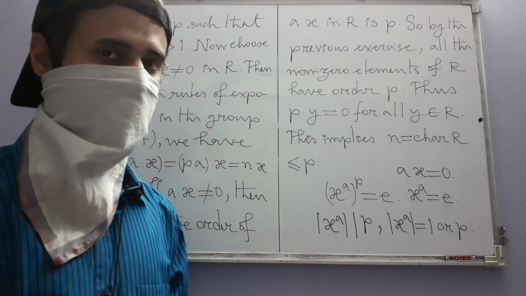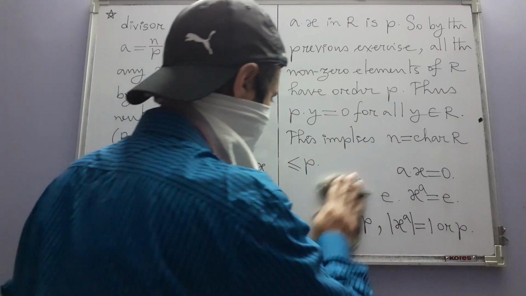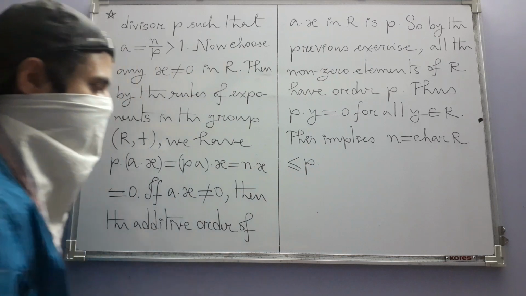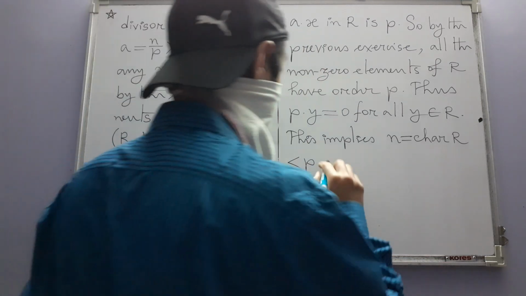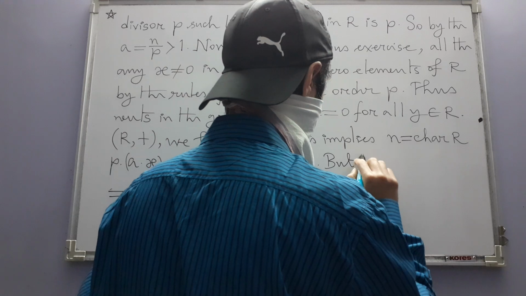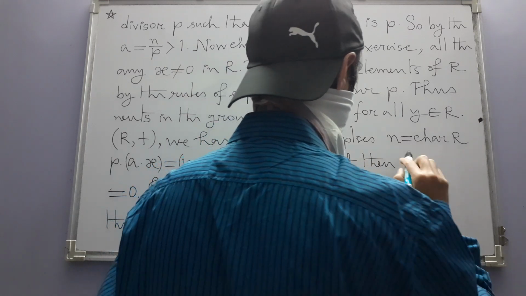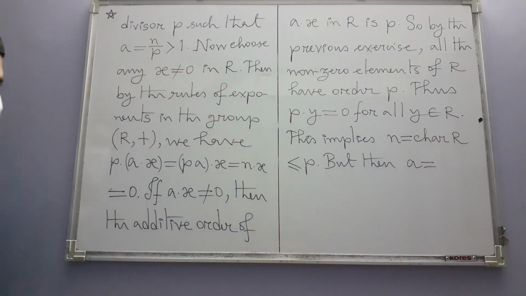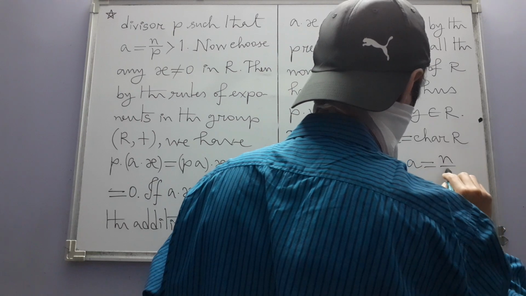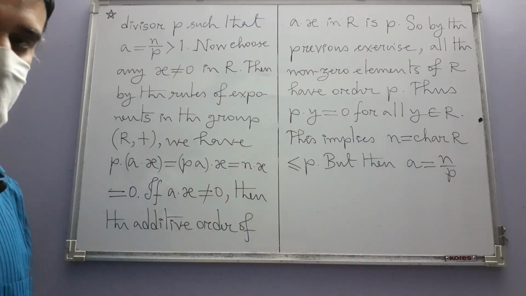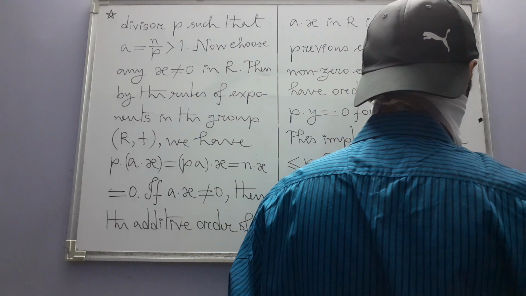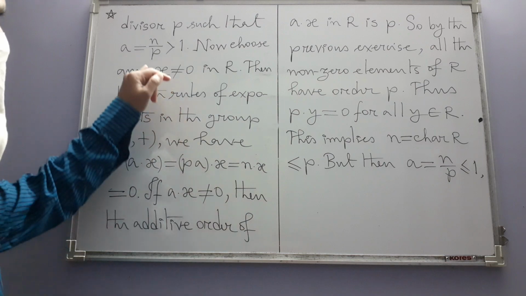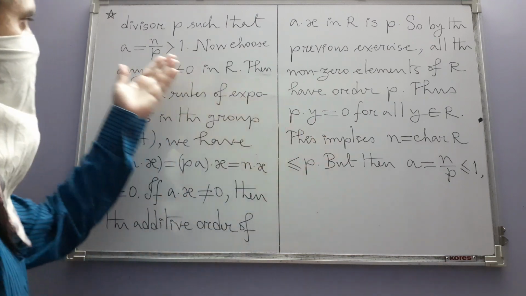But that actually creates a problem. Let's see what type of problem. But then A, which is N over P, because of this inequality, A will now be less than or equal to 1, which is exactly not what we have here.